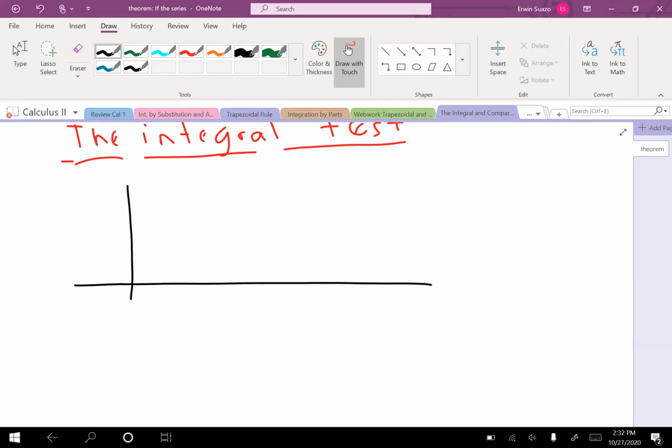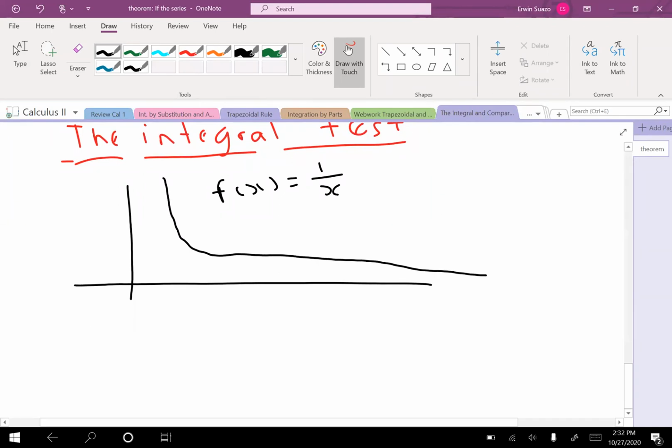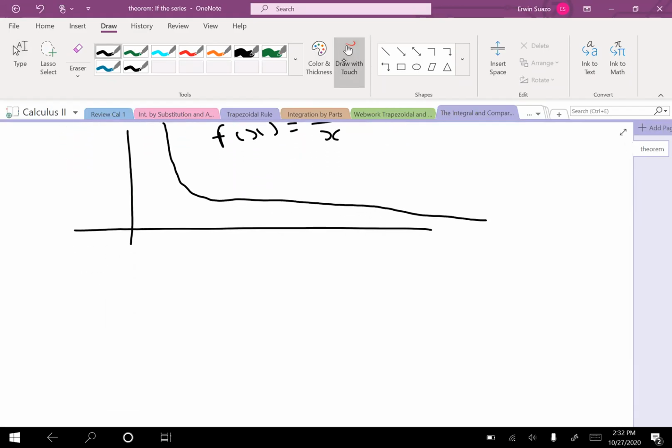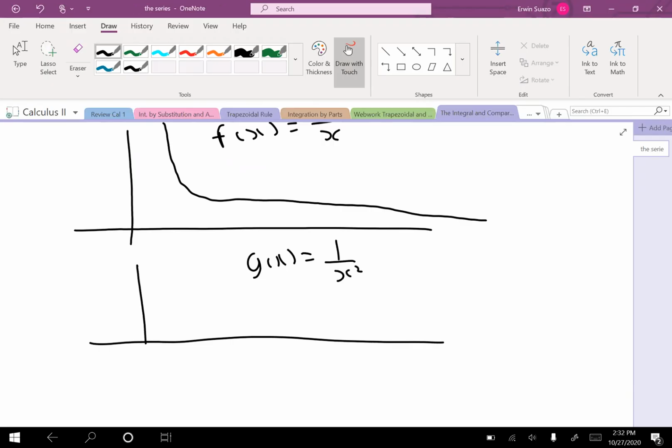You take the function f of x equals 1 over x, and it looks something like this. And then you take the function g of x equals 1 over x squared, and that one decreases faster than the other one.